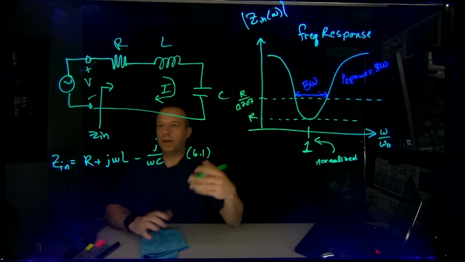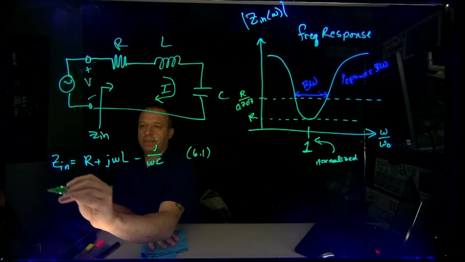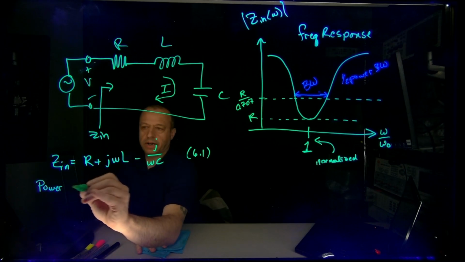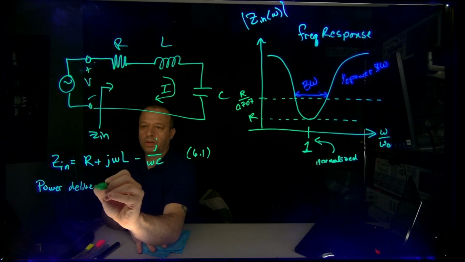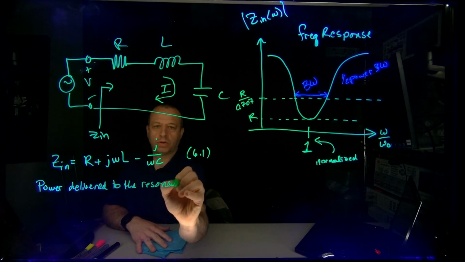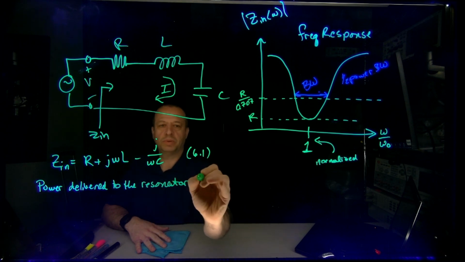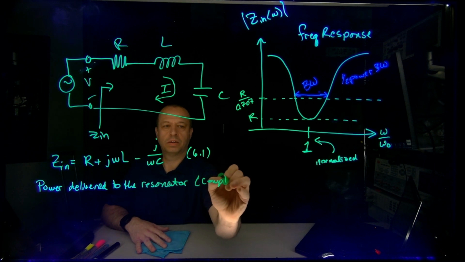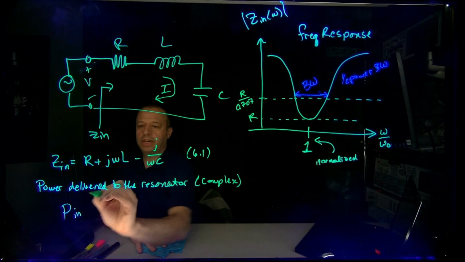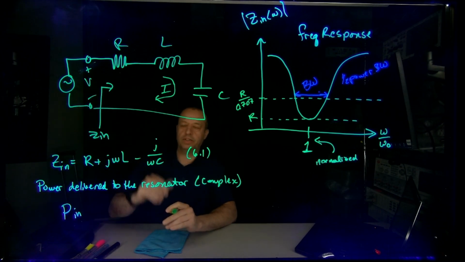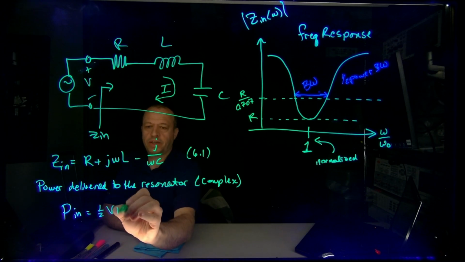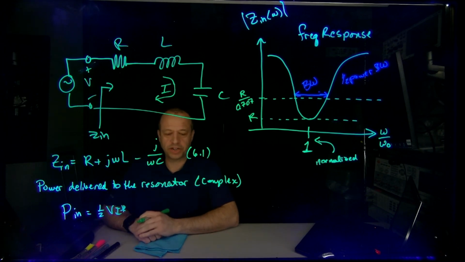We need to talk about the power delivered to the resonator. Okay, and this is going to be complex. So we're looking at Pin, so everything's looking at this input side, and this is just 1/2 V I complex conjugate.